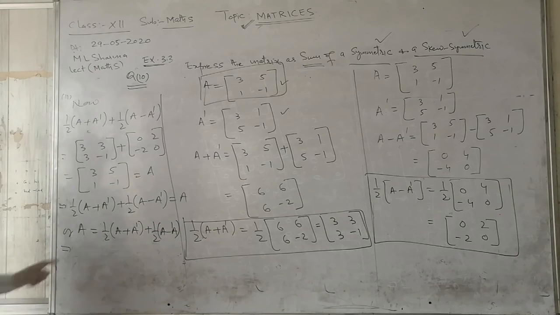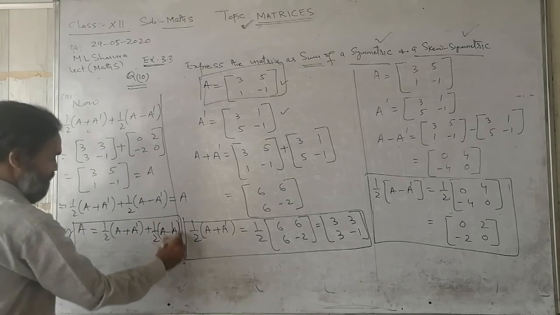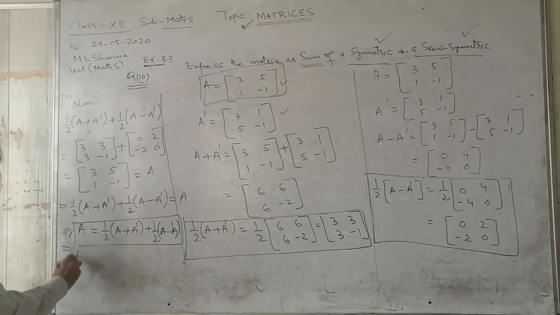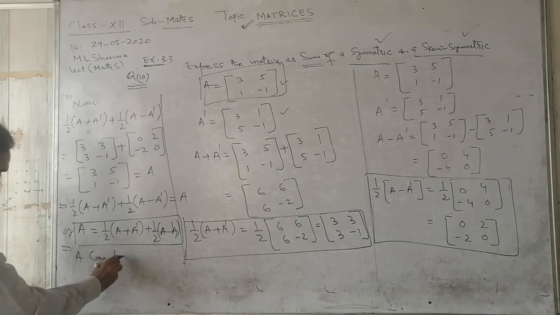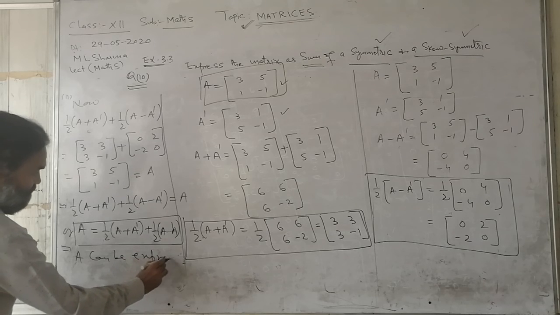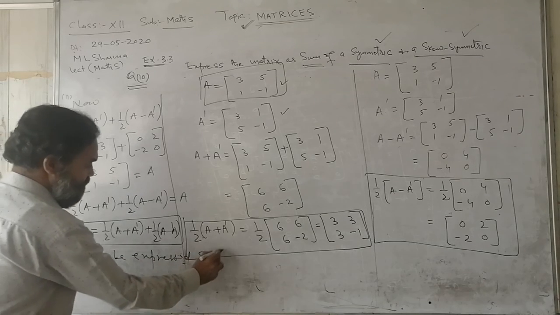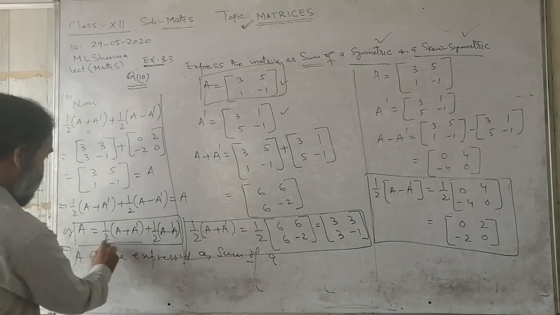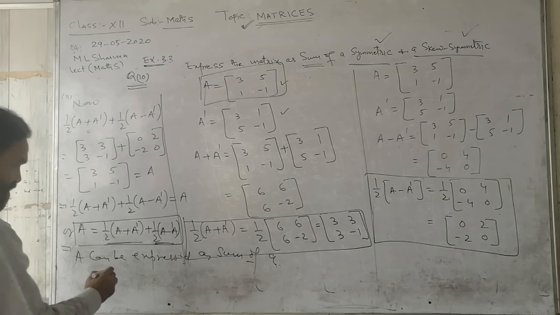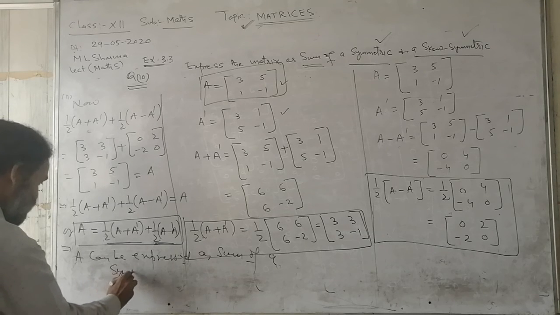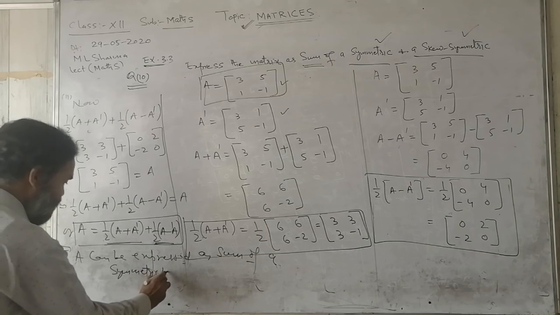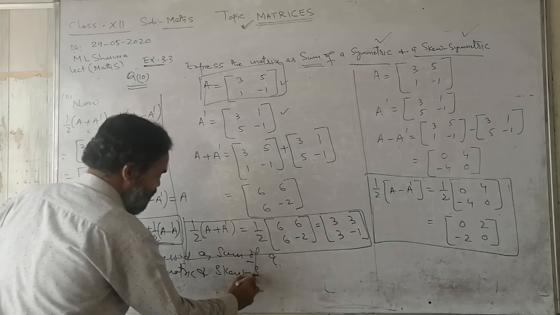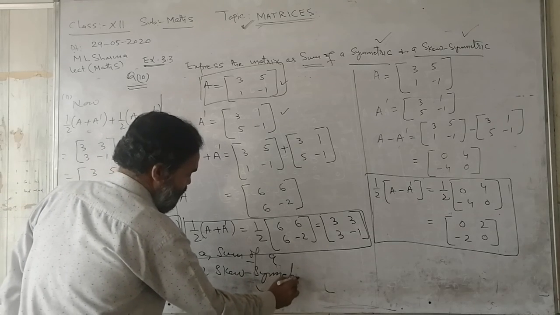So this means the matrix A, which was given, can be expressed as a sum of a symmetric matrix and a skew symmetric matrix.